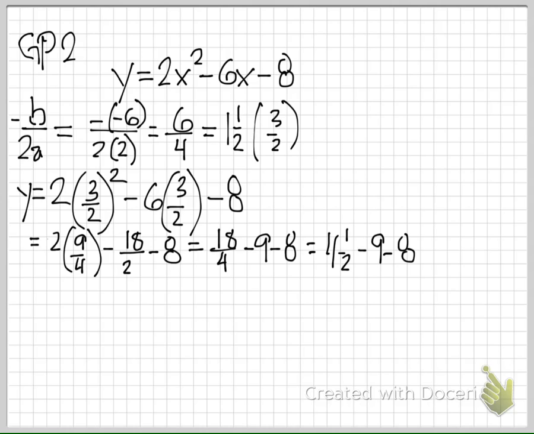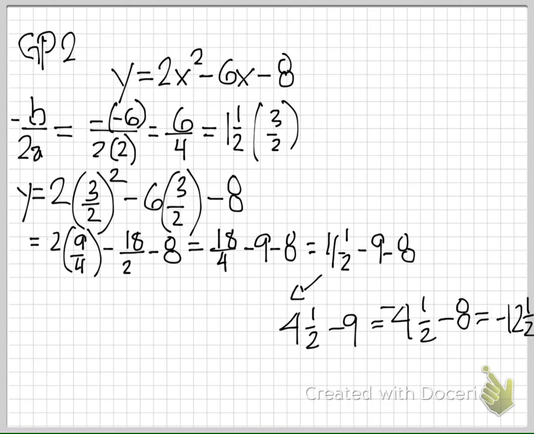Let's work that out. 4 and 1/2 minus 9. Well, that's going to be 4 and 1/2 negatives, because 4 and a half plus 4 and a half is 9. Take that, subtract 8, that's going to be negative 12 and 1/2.